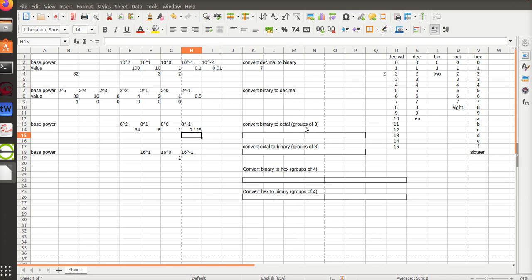Convert binary to octal, I've got groups of 3. So let's say I've got a binary number, and I'm going to put the binary value of my number in each of these 3 columns. So binary is a 1. Let's say it's a 0, because it's either going to be a 1 or a 0.